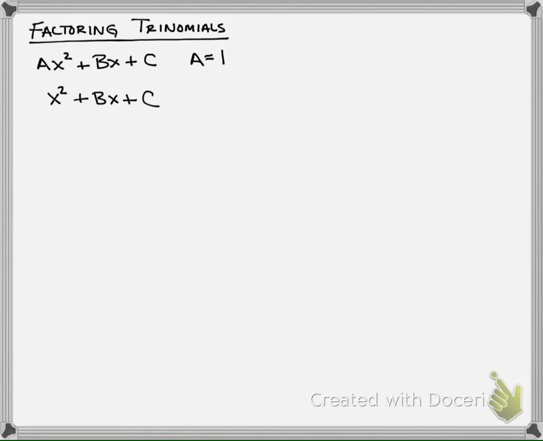You'll hear me refer to this as the short AC test. I call it the AC test because you're multiplying the A term times the C term and then looking at some different situations.